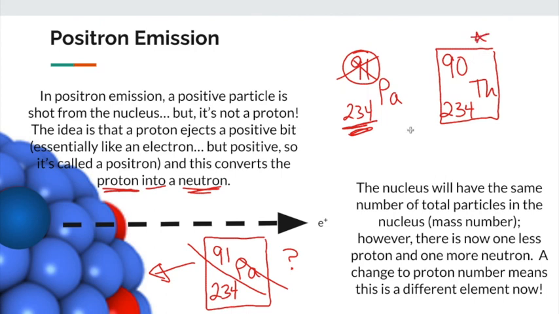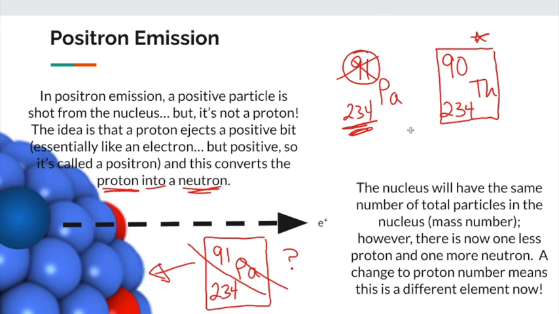Now, it would be highly, highly unlikely that in nature this particular chain of decays would happen. The chain of decays that happen is due to the forces in the nucleus. And the forces in the nucleus being out of whack causes particles to be shot out. But it's not going to bounce back and forth and shoot a beta and then a positron and then a beta. It's not random.